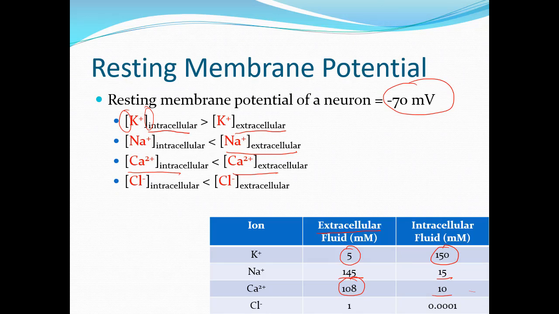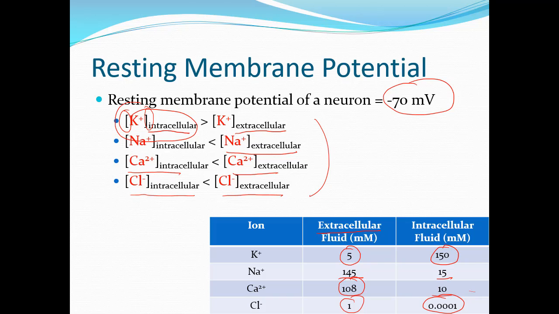And lastly, chloride is also more on the outside compared to the inside. Only 1 millimolar extracellularly, but only 0.0001 millimolars intracellularly. Out of all these, the only one that has more on the inside of the cell that we need to know is potassium. Potassium is more concentrated on the inside compared to the outside.